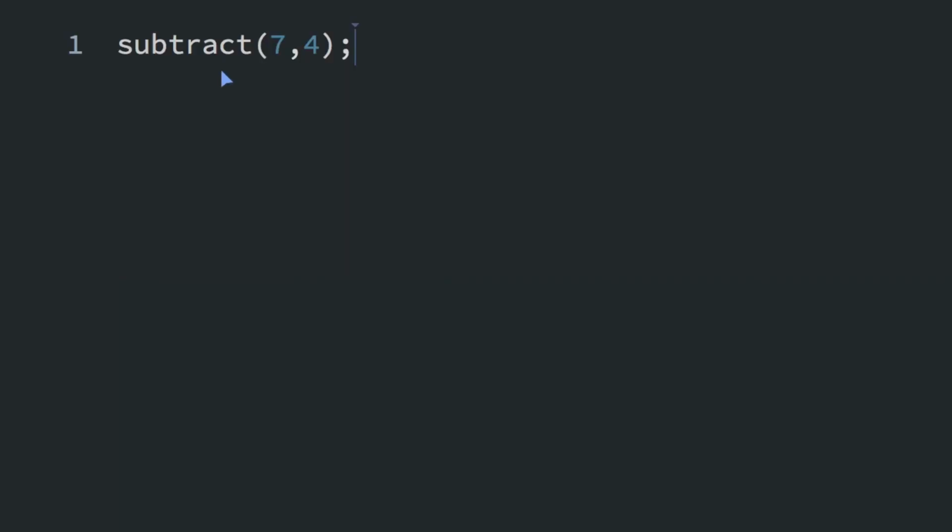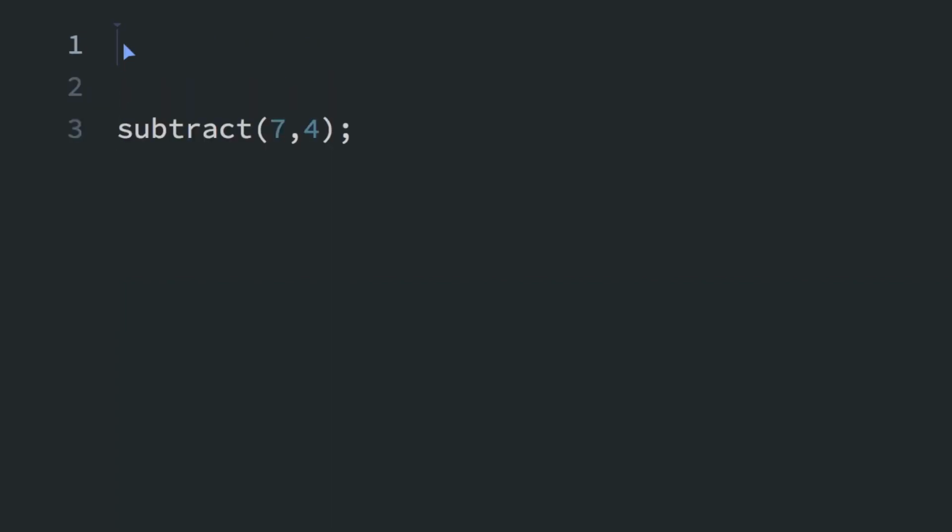So we talked about exporting a default export. Now I'm going to show you how to import a default export. It's pretty much the same as before, but there is a slight difference. So we are going to pretend we have a file called mathFunctions that has a default export named subtract. So let me show you how you would import that. It's going to be import subtract, and we've already reached the difference here.